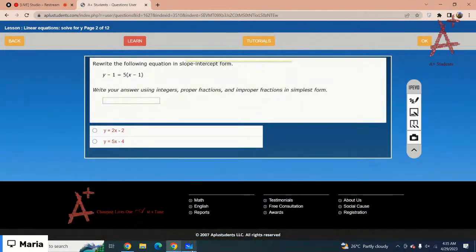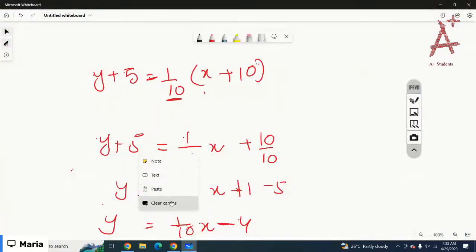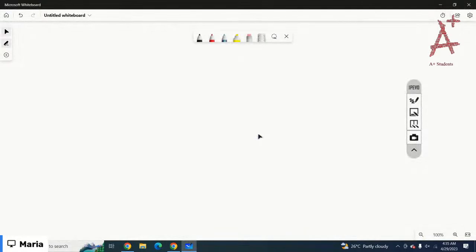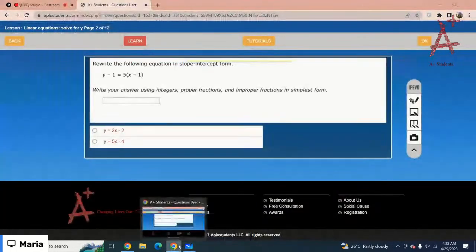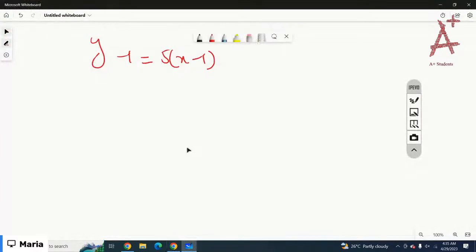Okay, the next one is y minus 1 equals 5 times x minus y. Let's multiply it with the 5. So it would be y minus 1 equals 5x minus 5.